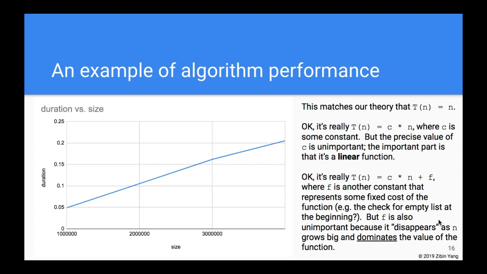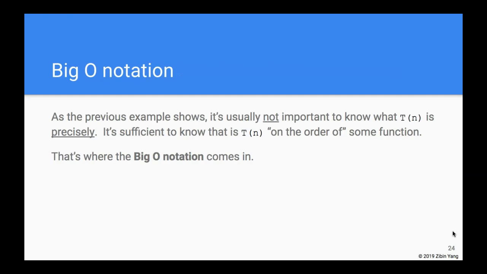What's important to know is that T(n) is proportional to n in this case. So it's good enough to know T(n) is on the order of some function. And that's, in a general sense, what big O notation is.